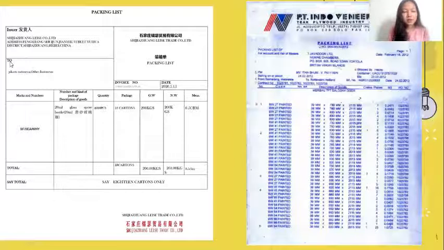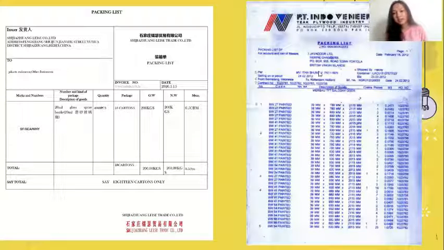Maybe it would be better to use buyer, exporter or shipper. This is the description of the goods. This is the type, this is the quantity, and this is the weight.